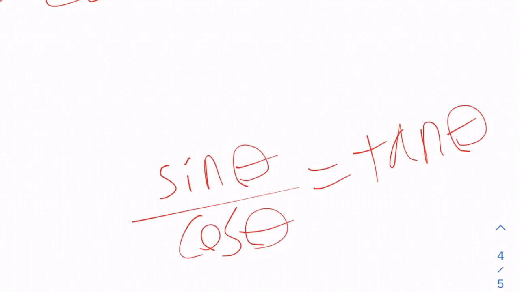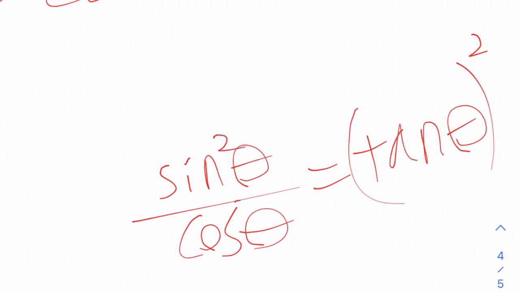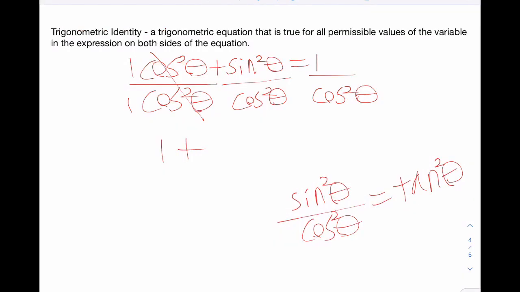So since that is tan of theta, what if we square this? Then this will become sine squared of theta over cos squared of theta, and that will be tan of theta squared. So basically guys, that will be equal to this.